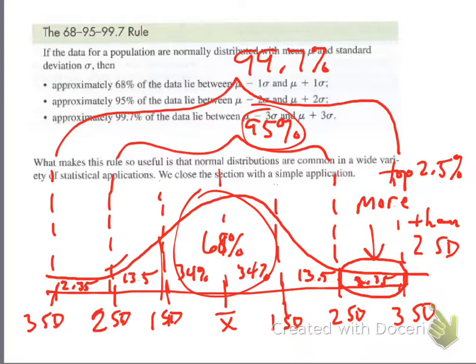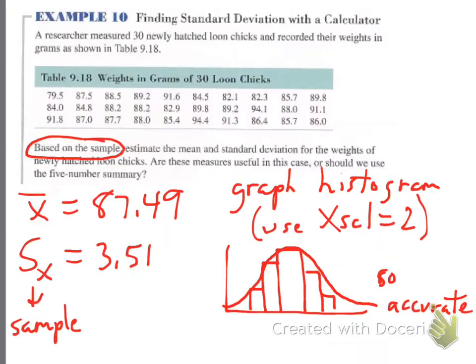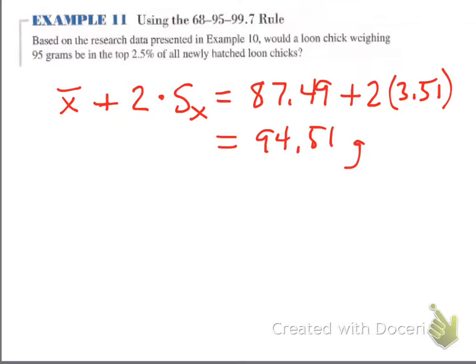We use this formula right here. I know you can't see it, but it's X bar plus 2 times the standard deviation. X bar was 87.49, I believe. Yes. Plus 2 times the standard deviation, which was 3.51. So that is 94.51 grams.